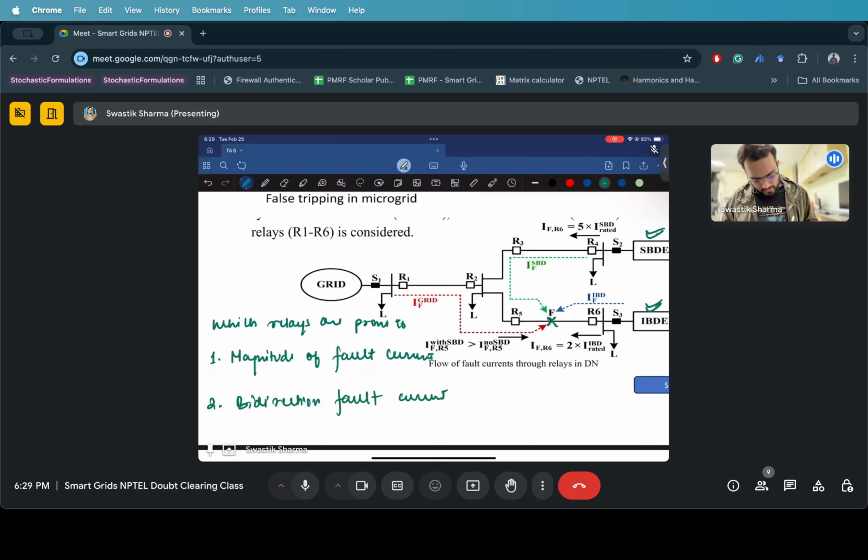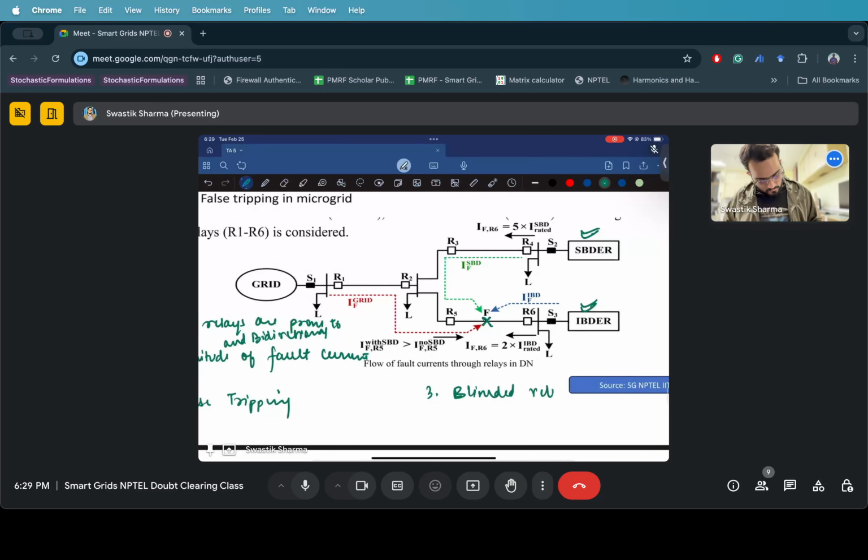Bidirectional will be covered in magnitude and bidirectional, because this fault is not. And we have fault stripping, and which relay will be blind. So now we will check which of these relays will suffer.